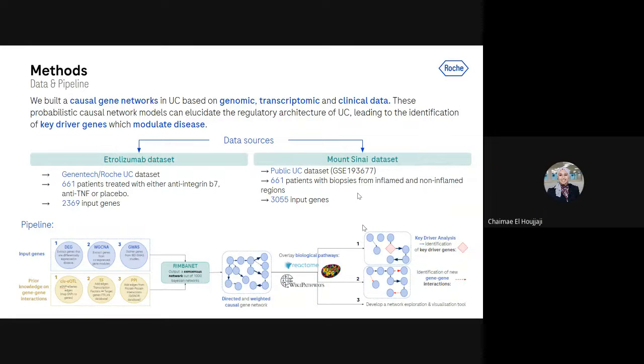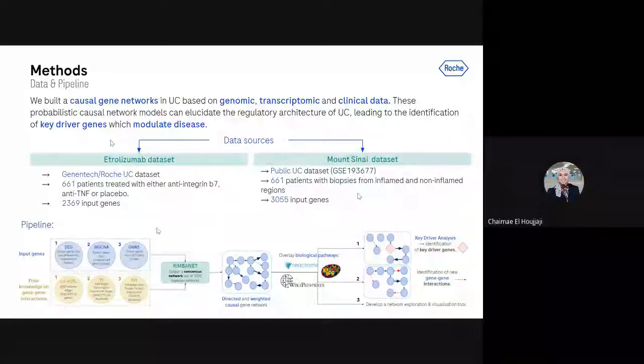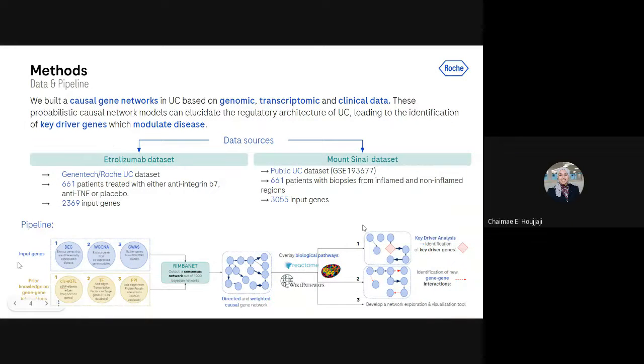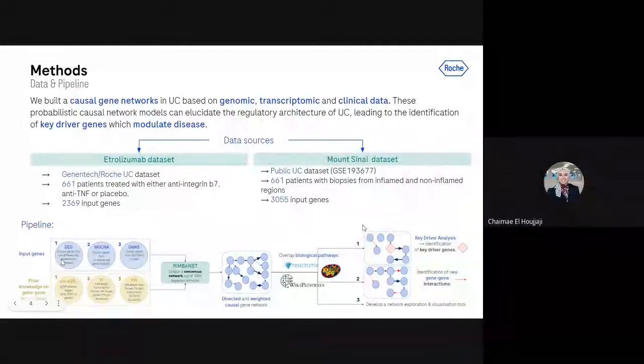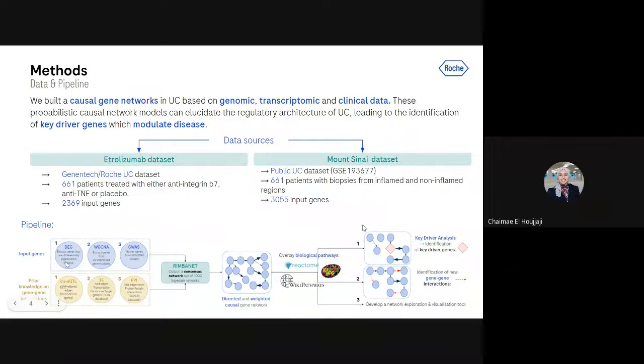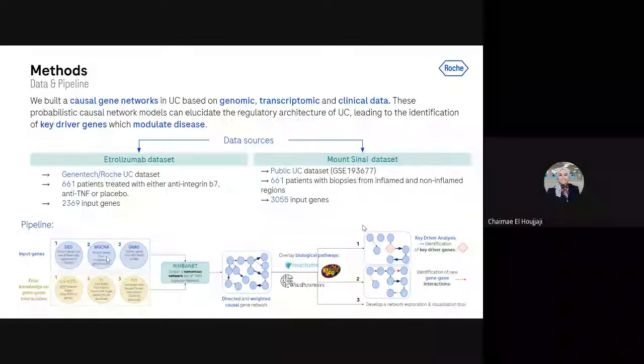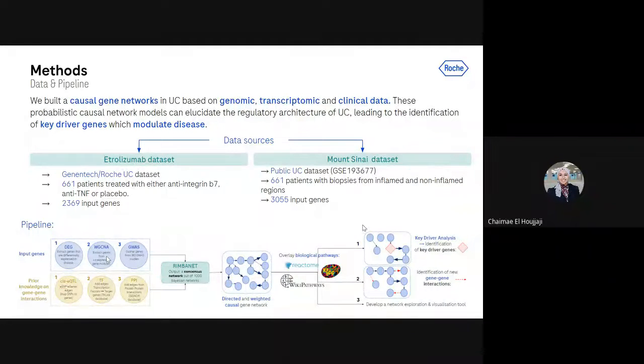So the approach that we use is the following one. We create an initial list of input genes composed of differentially expressed genes in each of the datasets that we presented. We add to these genes that we extracted from co-expression modules by applying WGCNA on the two gene expression datasets that we showed before, and we also add GWAS genes that we gathered from multiple literature studies.